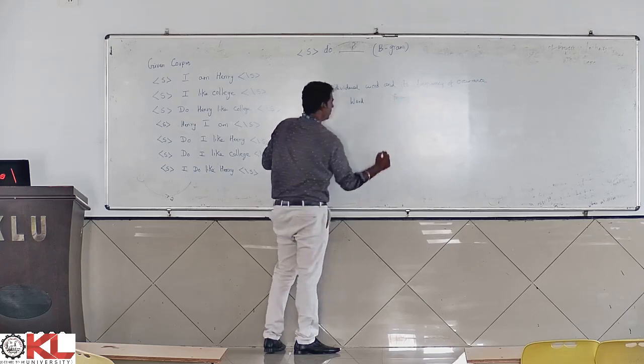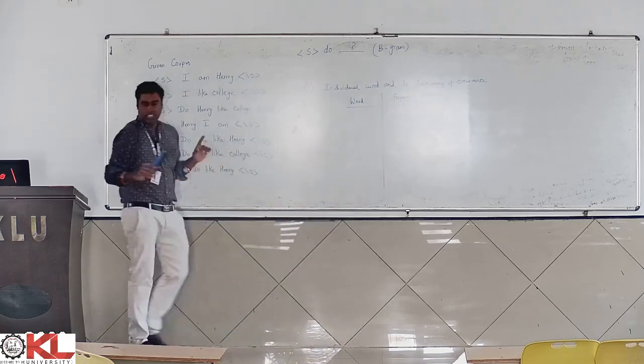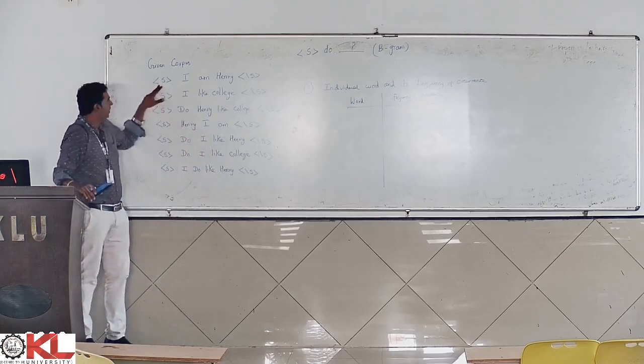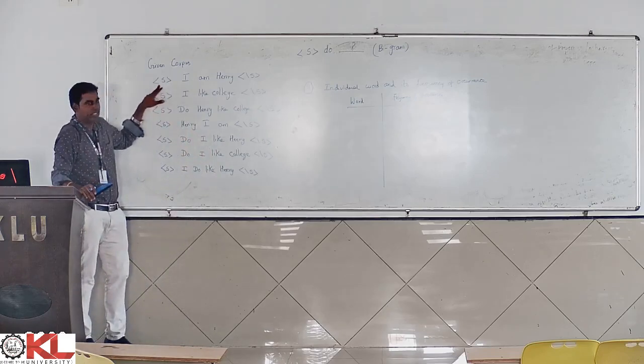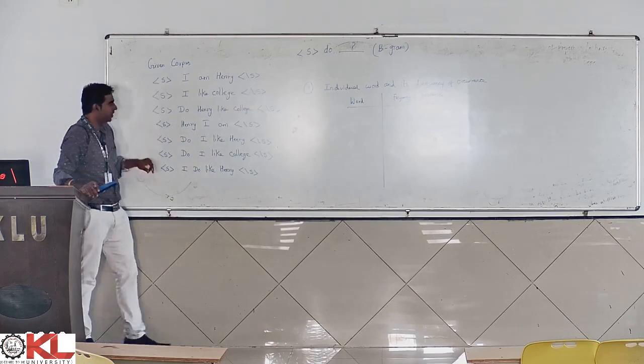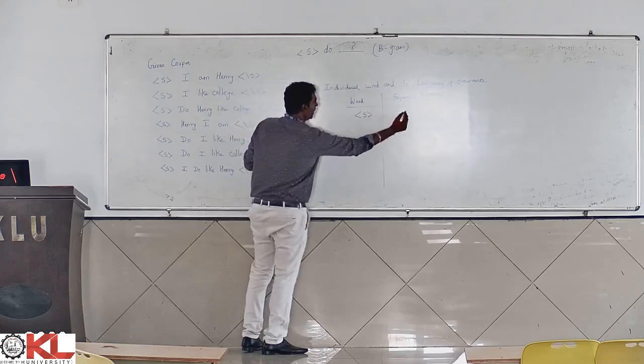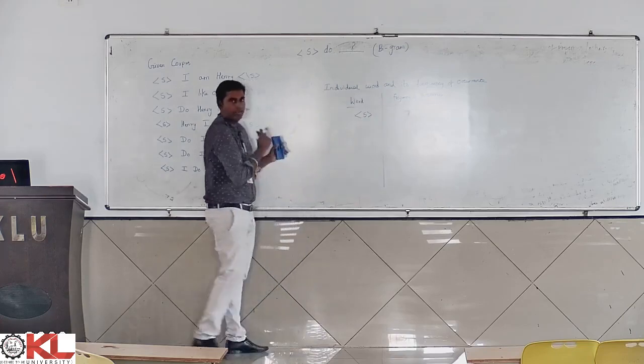Now I am writing. First I am taking the starting of sentence. How many times did it occur? 1, 2, 3, 4, 5, 6, 7. So the starting of sentence occurred 7 times in the given corpus.